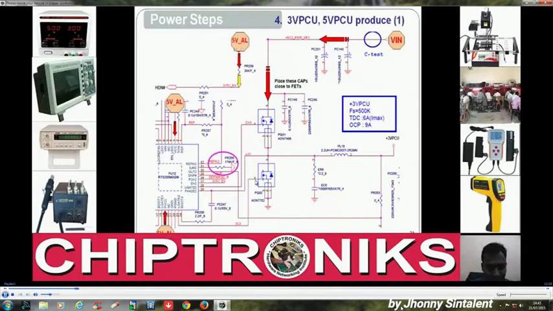Now this 5V_L is very important because it is also going to the enable pin, and unless it goes to the enable pin, it won't generate this +3V_CPU and it won't generate +5V_CPU.